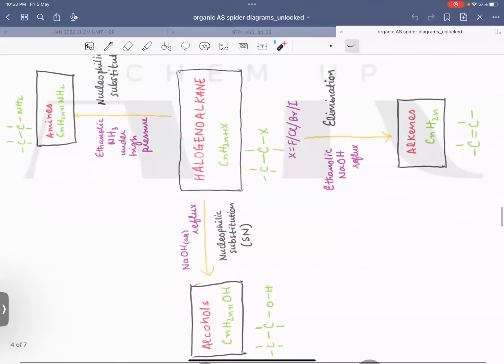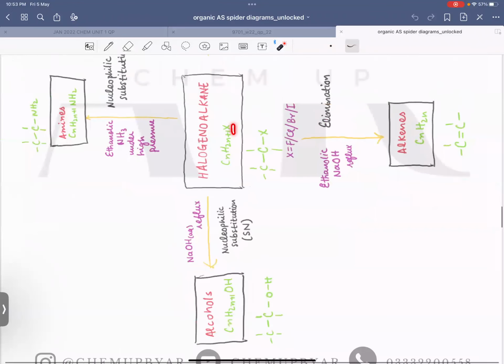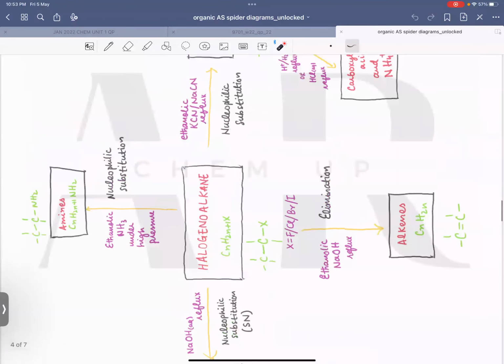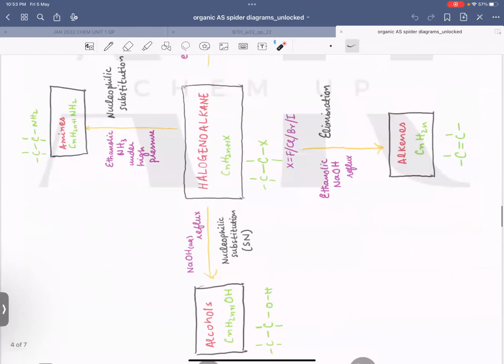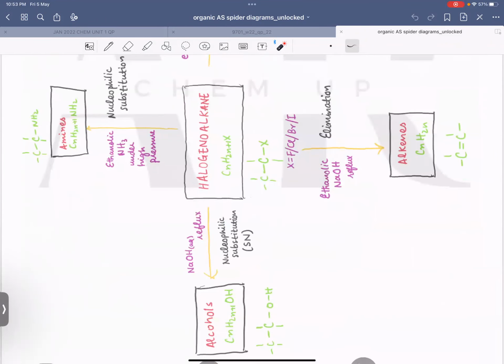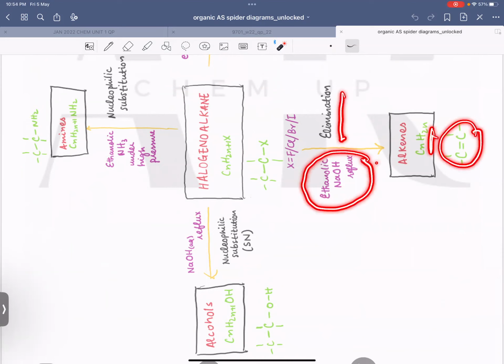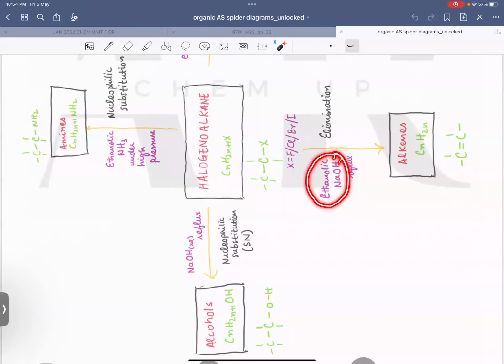The halogen is substituted by OH, and that's why it's a nucleophilic substitution, because sodium hydroxide is in an aqueous medium. And in this reaction, we are using ethanolic sodium hydroxide, and then elimination would occur, forming a double bond. So the condition helps us identify whether it's a nucleophilic substitution or an elimination of a halogenoalkane. Is this understandable?